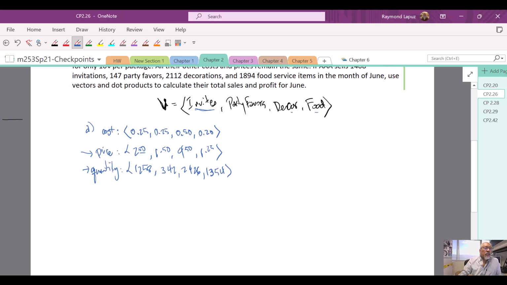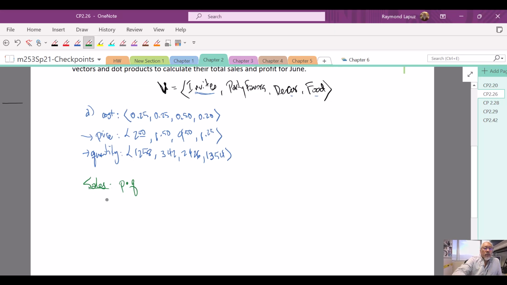So for the first part, we can take the dot product of these two to figure out the total amount. And so we'll call this the price vector dotted with the quantity vector. Okay, so what is that?